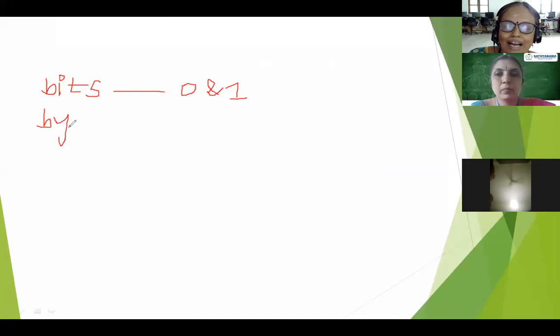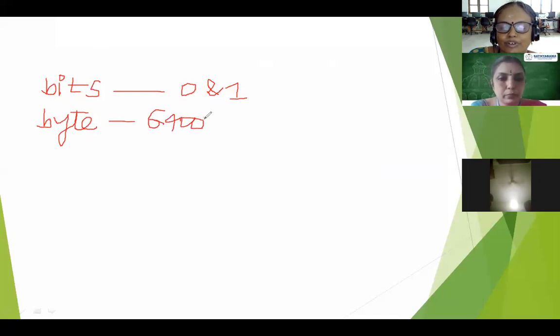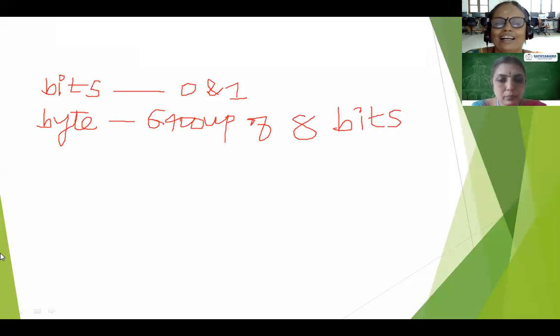What is a byte, ma? Group of 8 bits. And here we will represent the data type by bytes only: 1 byte, 2 byte, 4 byte, 8 byte. How it will occupy is very, very important.